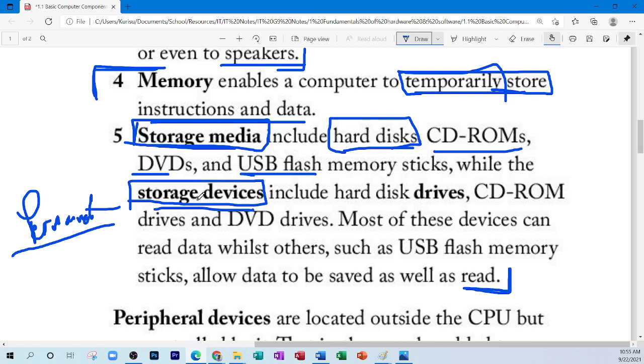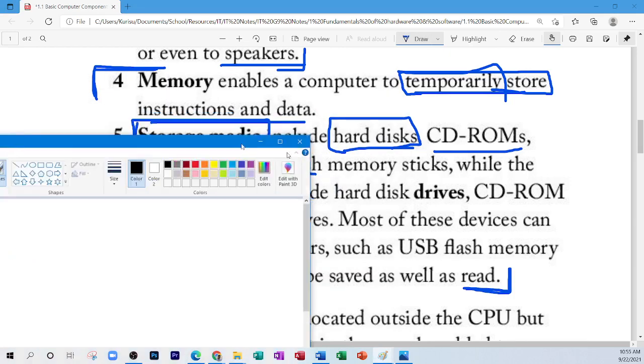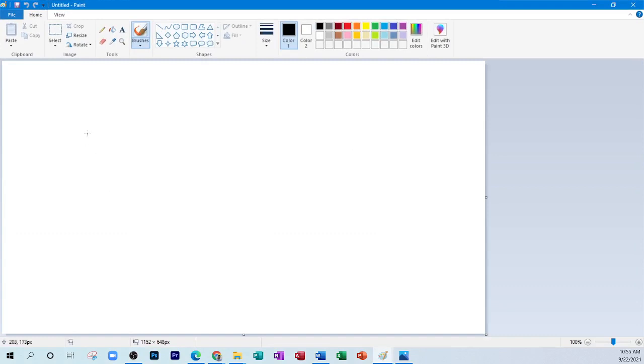Now the storage device is basically what the media uses to connect to the computer. So basically, let's imagine this is your computer.